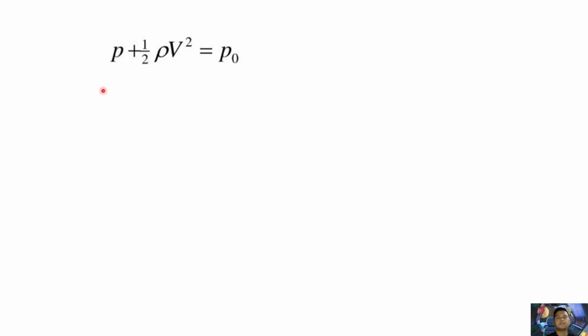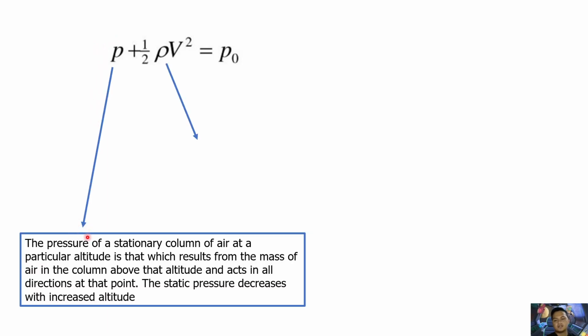So again, yung P na yan, the P and some other book that is P sub S, no? It depends kung paano nyo lalagyan ng subscript. So yung P na yan is the stationary pressure, static pressure, or the ambient pressure. Pag sinabing P sub S, pressure static, yun yung pressure at that altitude or pressure nung layer na yon, no?